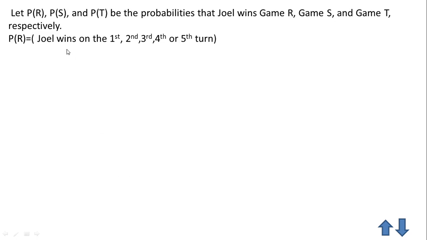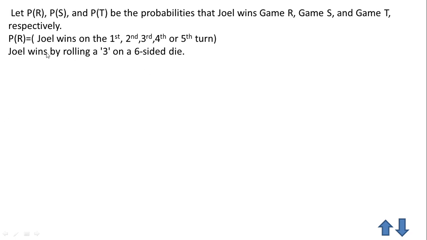So we can start by letting PR, PS, PT be the probability that Joel wins game R, game S, and game T respectively. Game R, Joel wins on the first, second, third, fourth, or fifth turn. Since we are looking at 5 turns of Joel, and Joel comes first, he can win on the first, or the second, or the third, or the fourth, or the fifth turn.